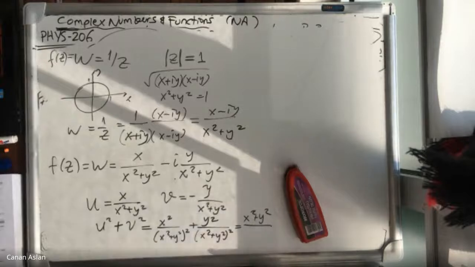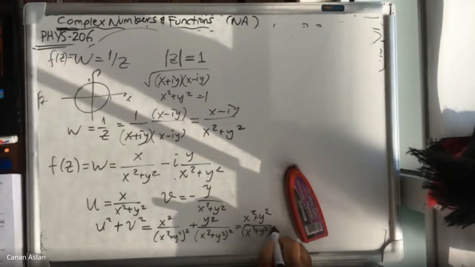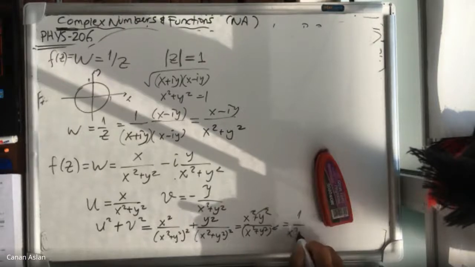Again, this is x squared plus y squared divided by x squared plus y squared squared. One of these cancels, and you get just 1 over x squared plus y squared.